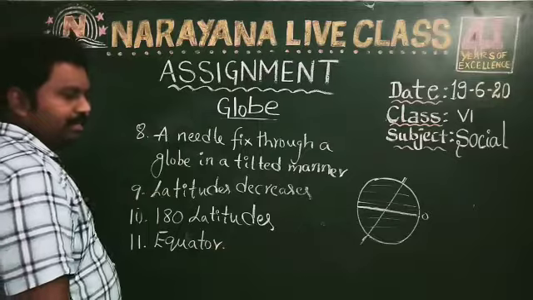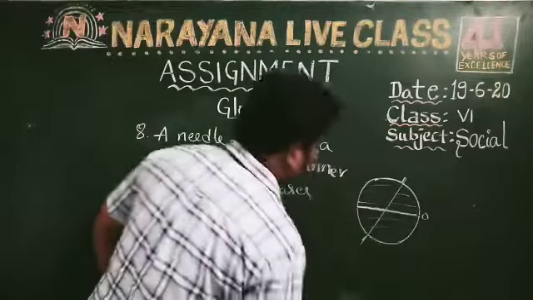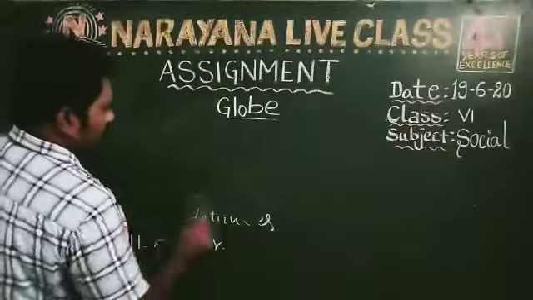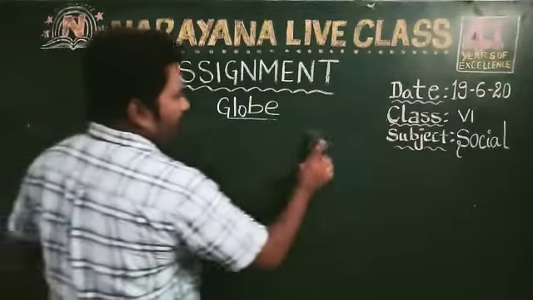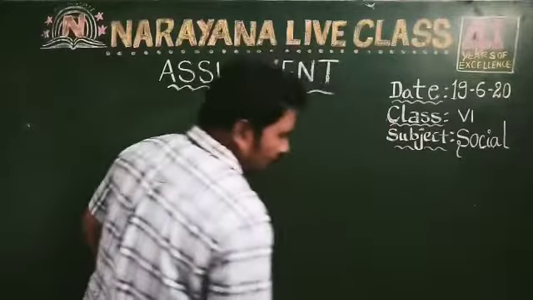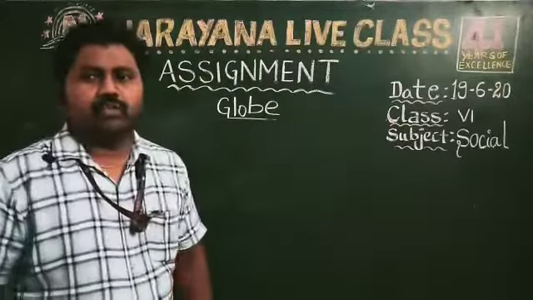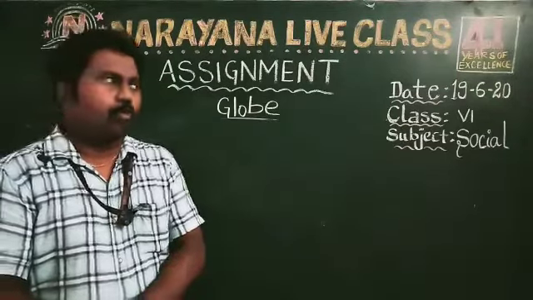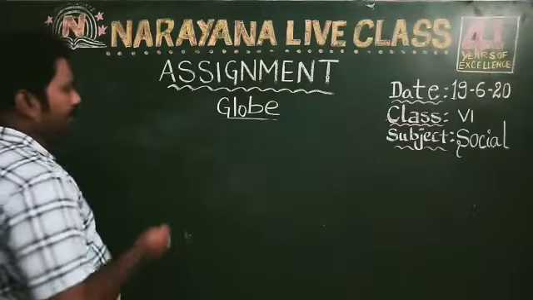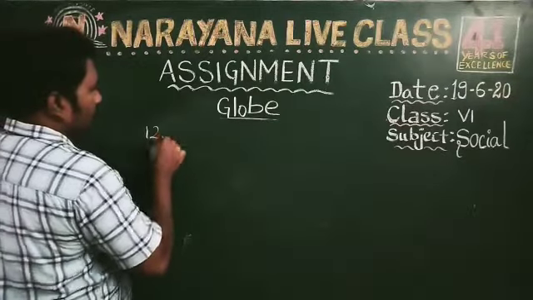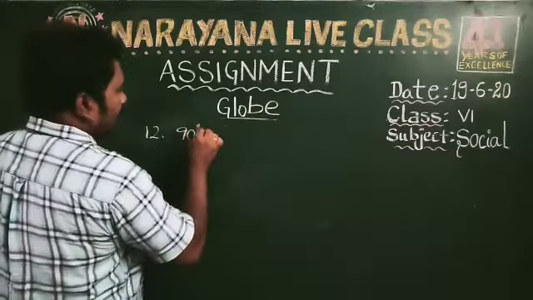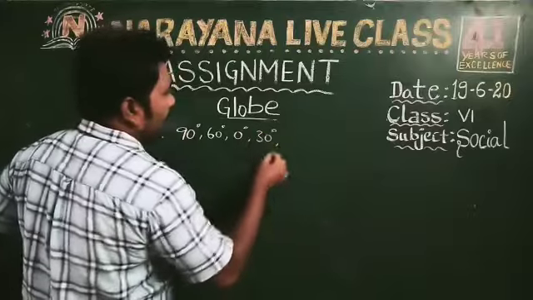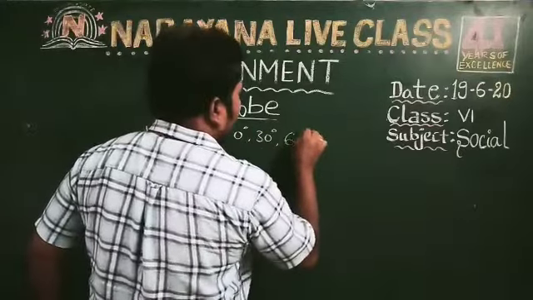Okay children, clear? Now we are moving to the next question, that is the 12th question. The 12th question is: mark all the degrees for regions on the given globe. There are some degrees given here: 90 degrees, 60 degrees, 0 degree, 30 degrees, again 60 degrees, again 90 degrees.